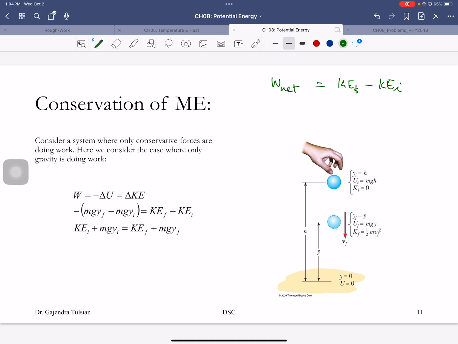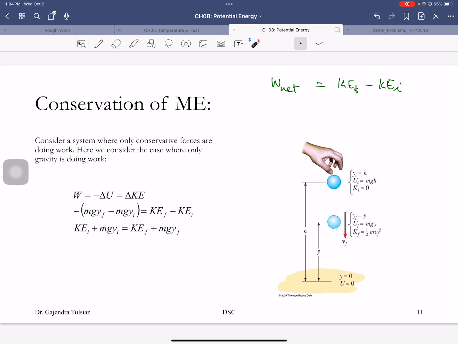Okay. Now let's say only conservative forces are acting on the object. What does that mean? There's no friction acting on the object and nobody's pushing on stuff. And there's only conservative forces acting on the object. So what are we saying? What are the conservative forces that you know about?